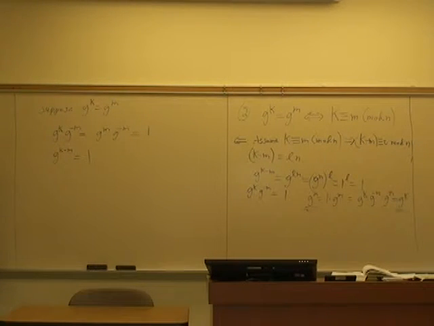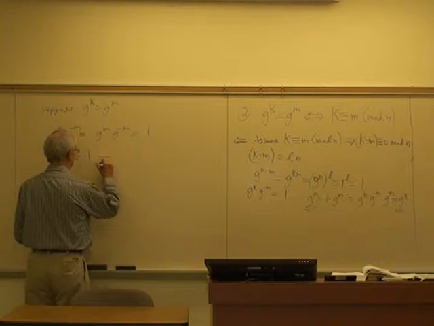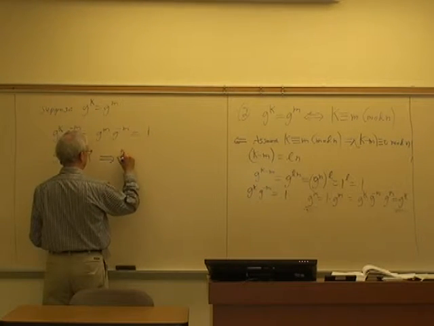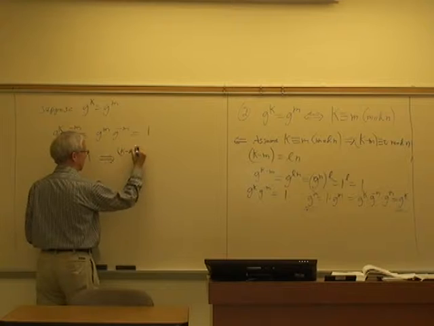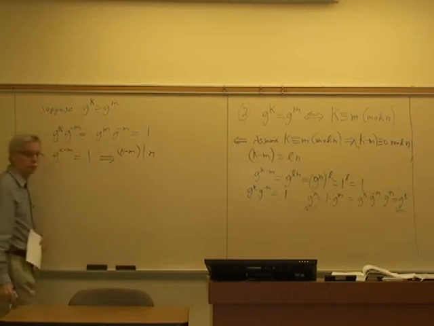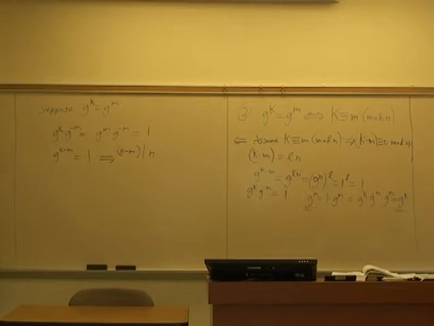But from our previous theorem, that can only be true if k minus m divides n, right? Because g to the something is 1 only if that something is a multiple of n, we proved that, that's the first step, right?